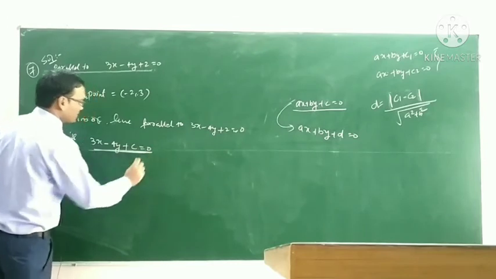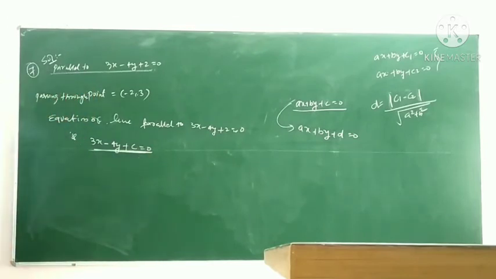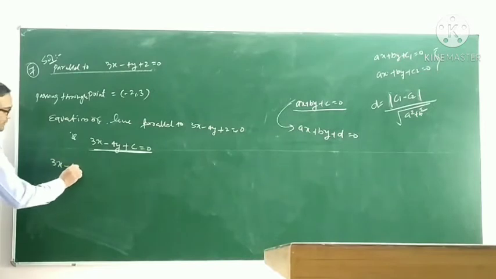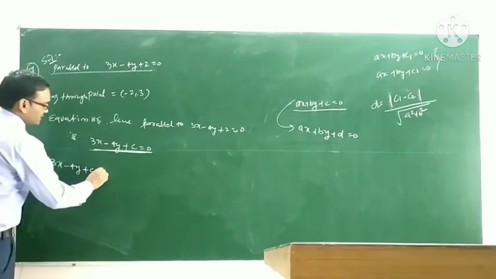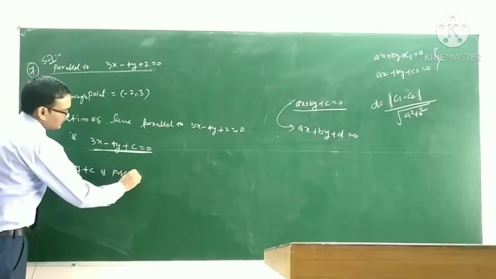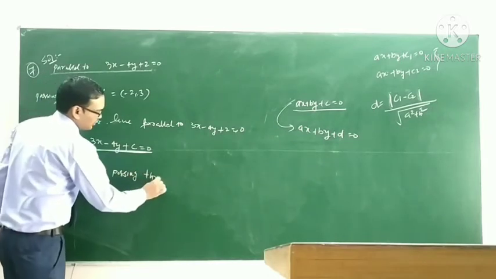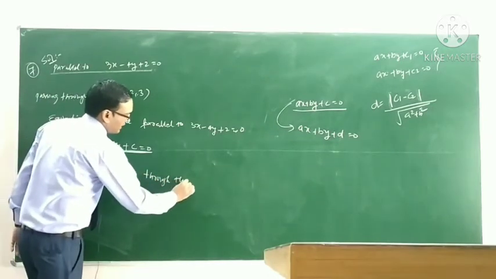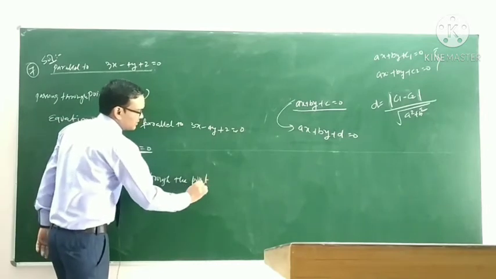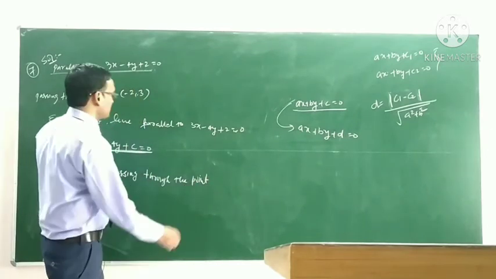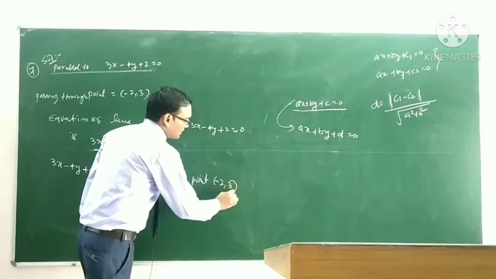We suppose that. Okay, 3x minus 4y plus c is passing through the point minus 2, 3.